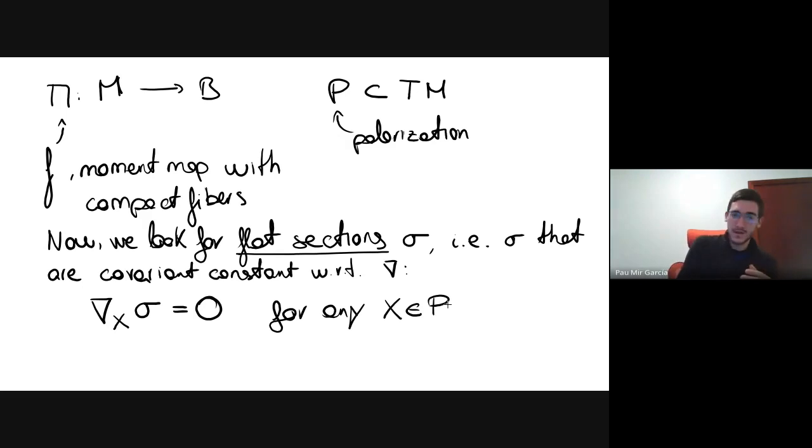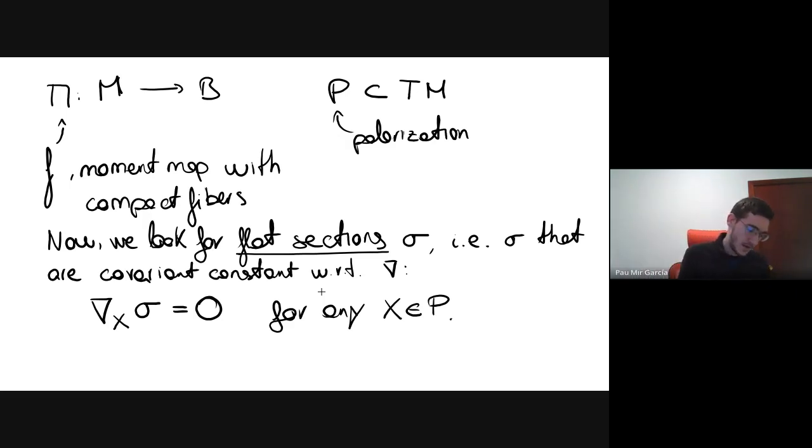So we really need all the ingredients presented up to now, and this set of sections is really special. So this set of sections that satisfy this equation, this set of flat sections sigma that we have here, do form a sheaf, and this is really important because if you know that some set forms a sheaf, then you can, for instance, compute a cohomology, the sheaf cohomology.